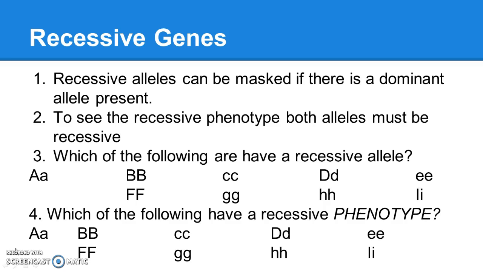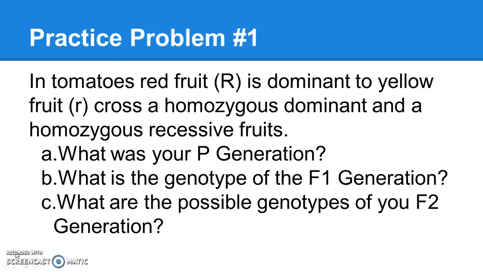Remember, you need two to have a recessive phenotype, so go ahead and write those down. If this is what you had written down, then you were correct. Remember, for number 3 you only need one to have a recessive allele, but for number 4 you need two to have the recessive phenotype.